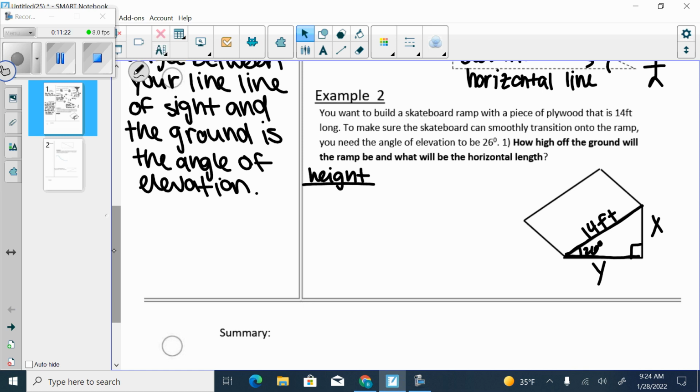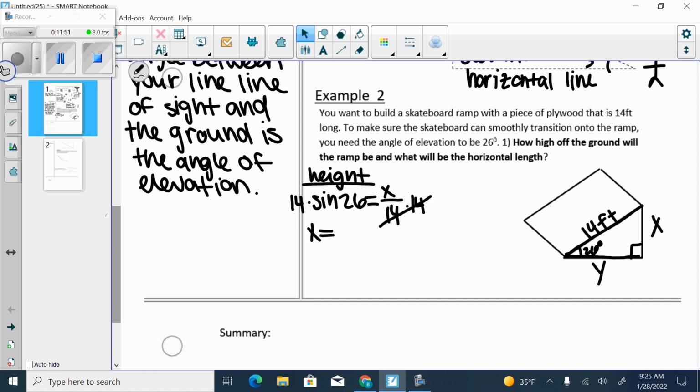We must have to use sine. So I have sine of my 26-degree angle is equal to opposite, x, over 14. Very good. All right, so if I want to solve for x, what should we do? Very good. All right, so 14 times sine of 26 is equal to x.